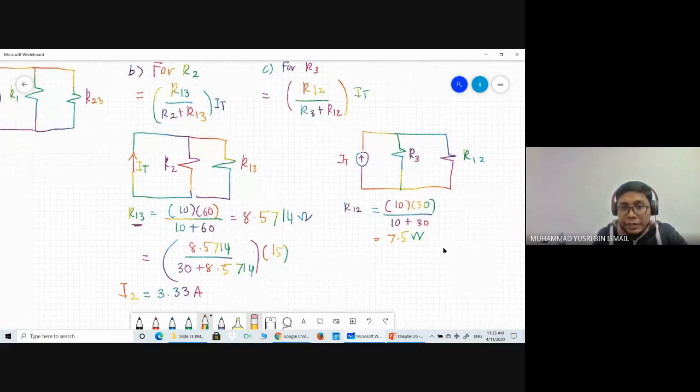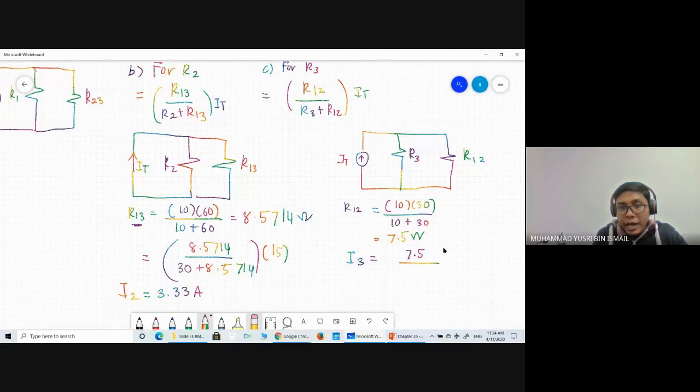Now we can calculate the current flowing at I3, which is equal to 7.5 ohm. No need to write the ohm symbol in your calculation.